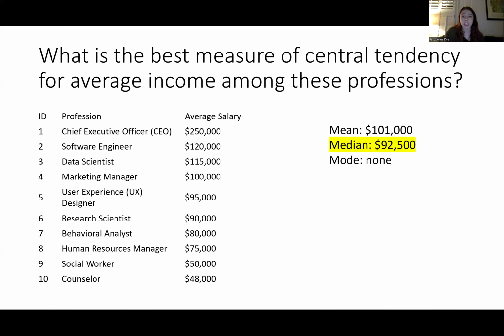So again, we see that the mean is being pulled by that higher number, that 250,000. And the median is a more accurate representation here. When we look at data like salaries or average household income, things like that, the median is often a better representation of what the data actually look like.